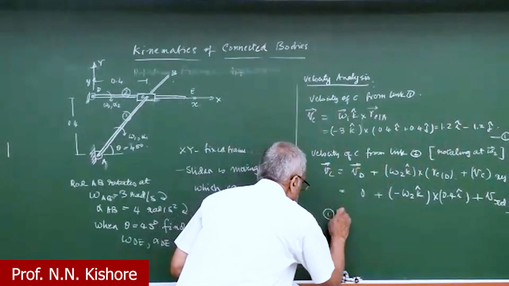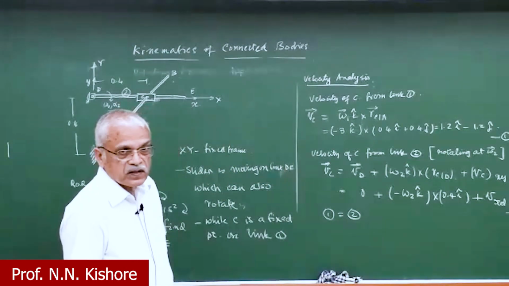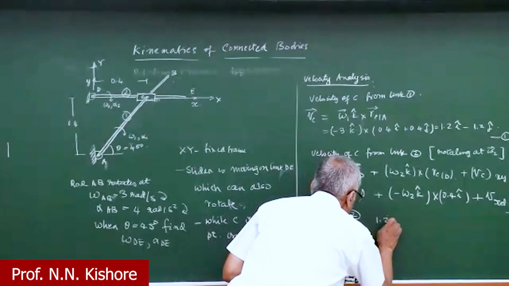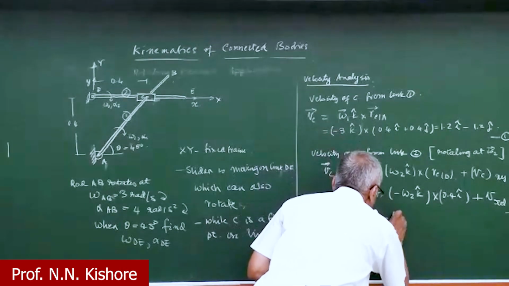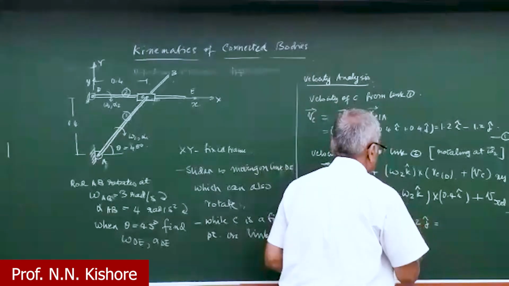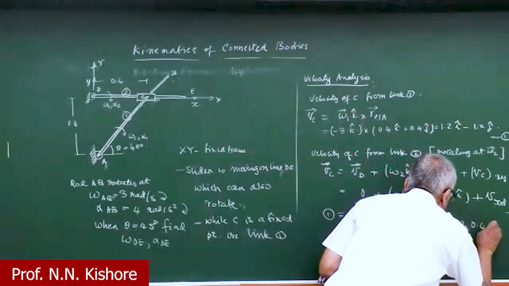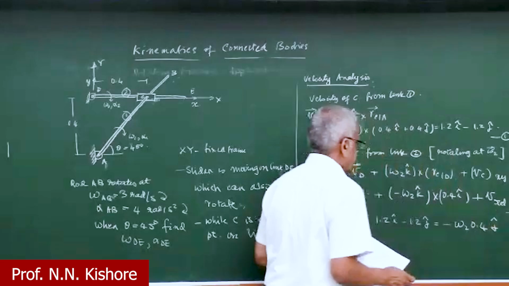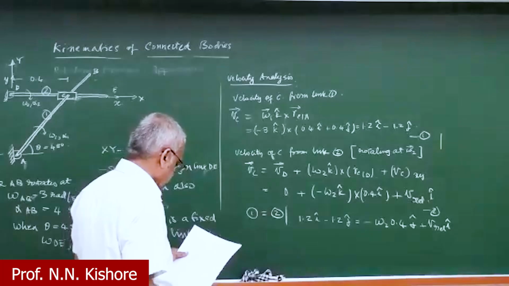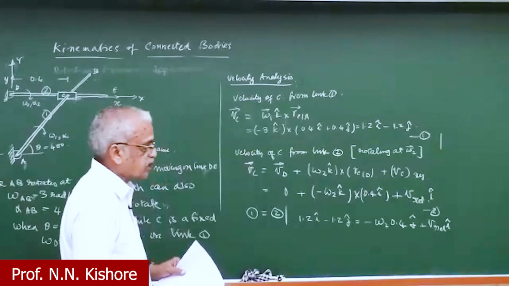So equating 1 and 2, all we have to do is 1.2 I minus 1.2 J is equal to minus omega 2 into 0.4 J. Okay, so this is what we have here. So you can make the X component and Y component.